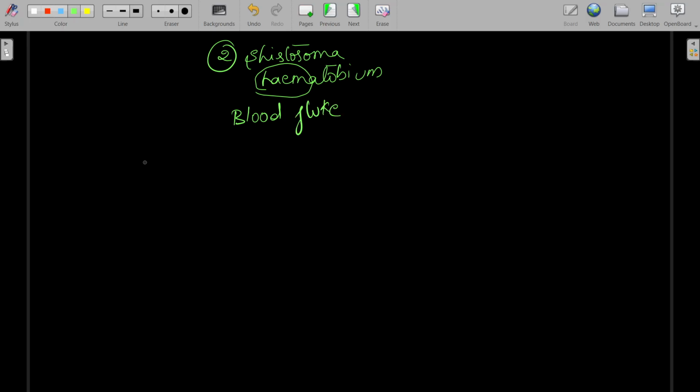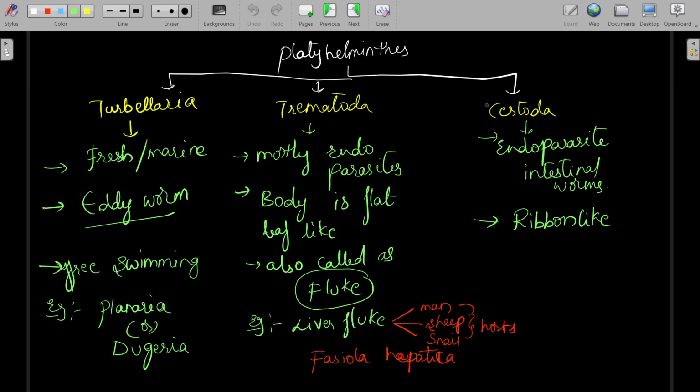The primary host is man and the secondary host is snail. So this is Trematoda.